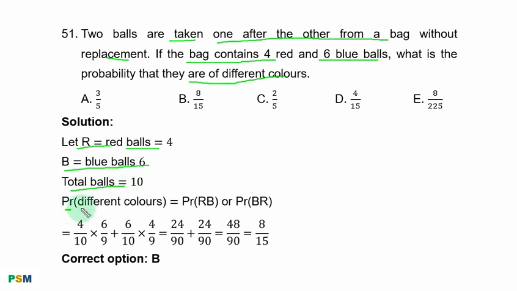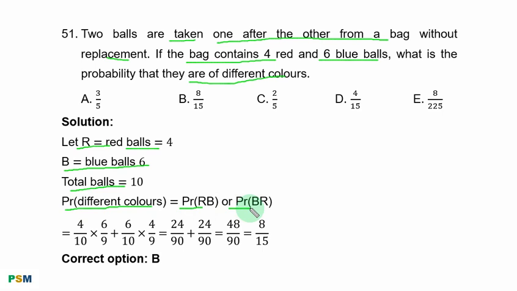Probability different colors is equal to probability if the first is red, the second is blue, or probability if the first is blue, the second is red. You consider all the possibilities.